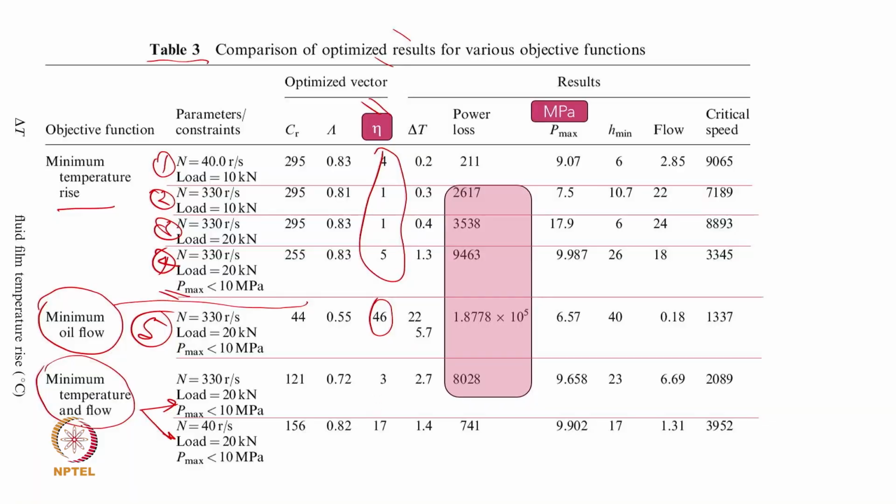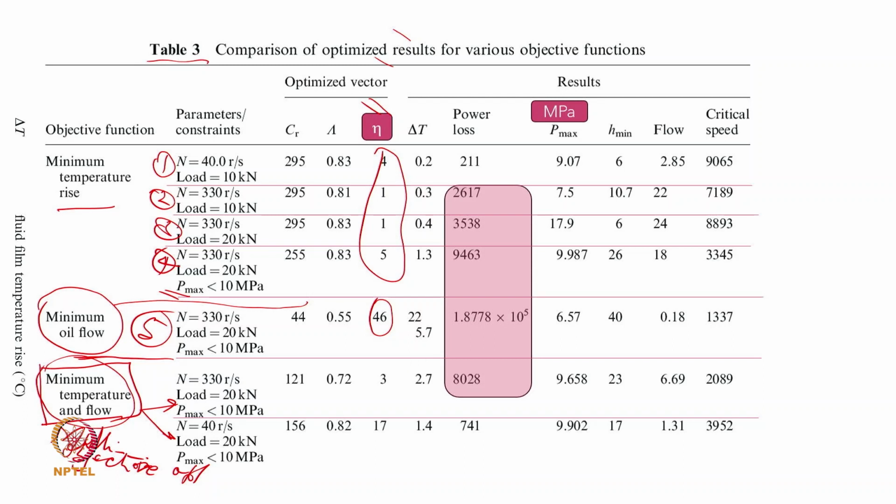Again, when temperature needs to be minimized, of course in this case we are combining, we are saying the minimum temperature and minimum oil flow. So this is basically multi-objective optimization, or two-objective optimization, and you can see the results are slightly different.